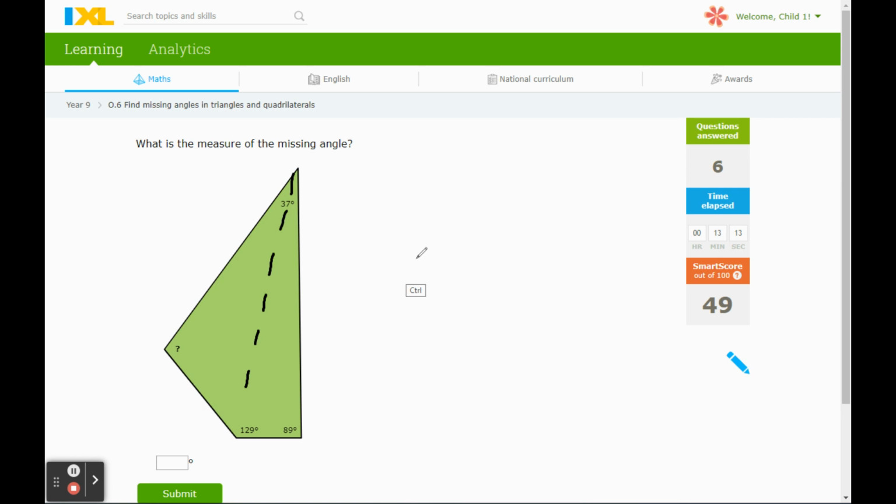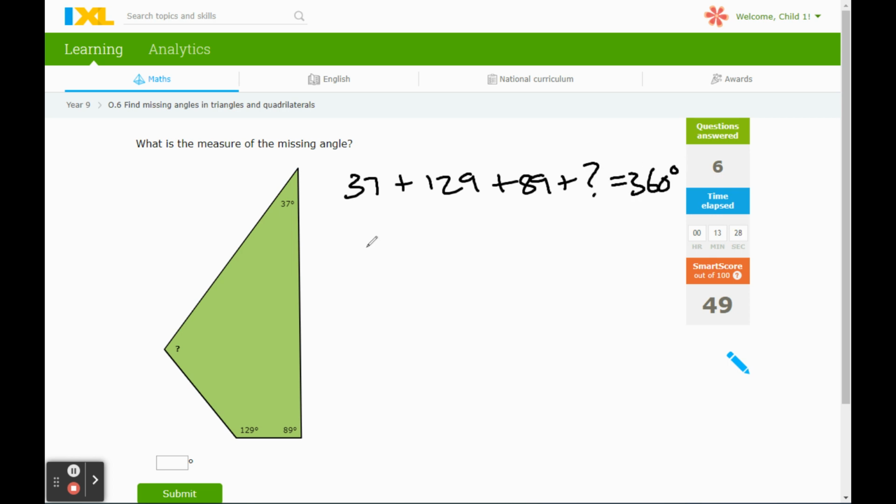Let's go ahead and do exactly what we did in the previous question. We're going to go 37 plus 129 plus 89 plus some angle equals 360 degrees. We then place them below each other. 7 plus 9 is 16. 16 plus 9 is going to give you 25. 2 plus 3 is 5 plus 2 is 7 plus 8 is 15. 1 plus 1 is 2.